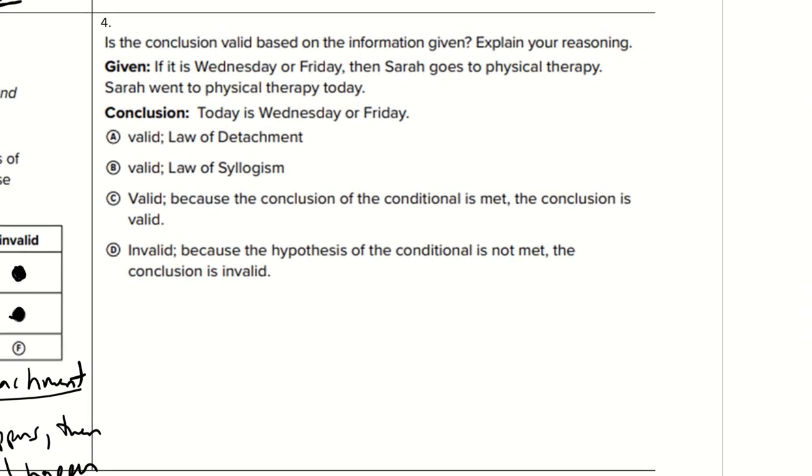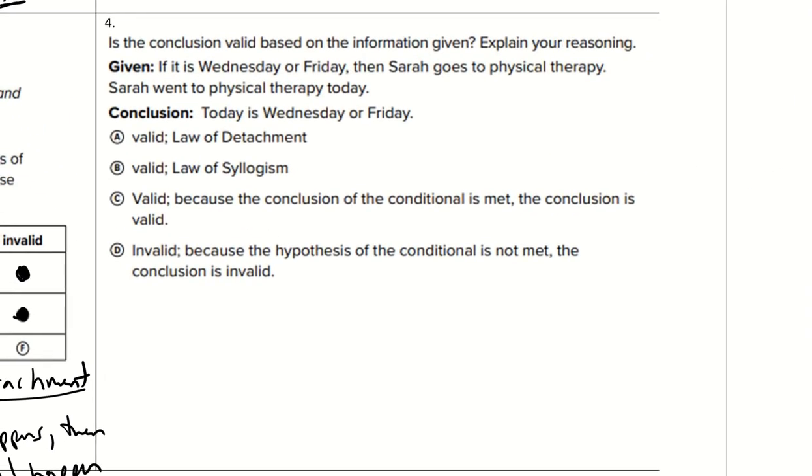All right, so number 4, is the conclusion valid? It says if it is Wednesday or Friday, that's P, then Sarah is going to go to physical therapy. So P implies Q. If P happens, then Q happens. It says that Sarah went to physical therapy today. So that means it must be Wednesday or Friday. Is that true?